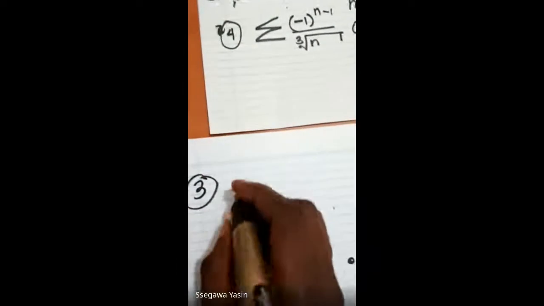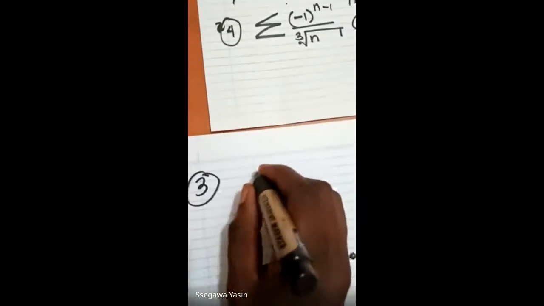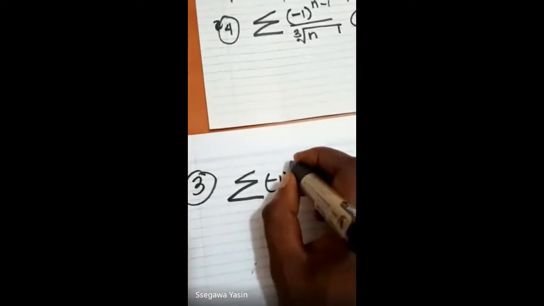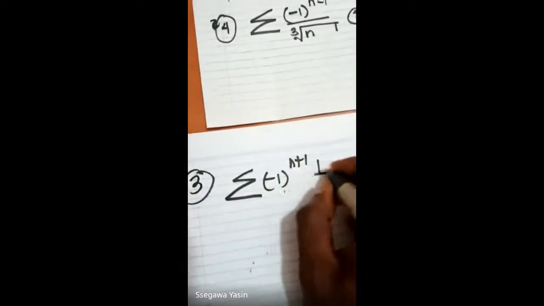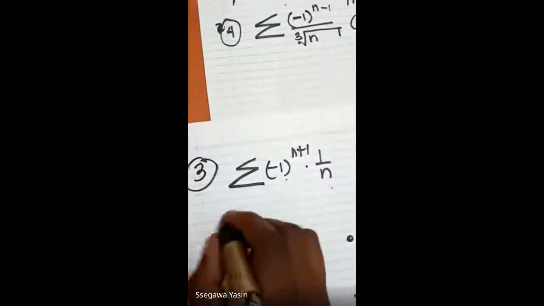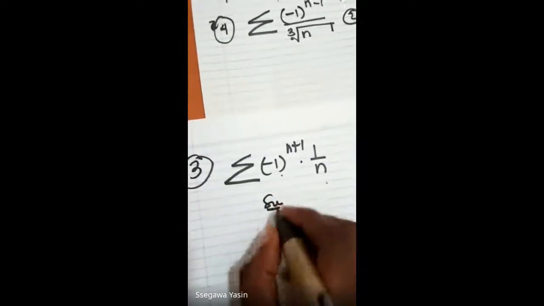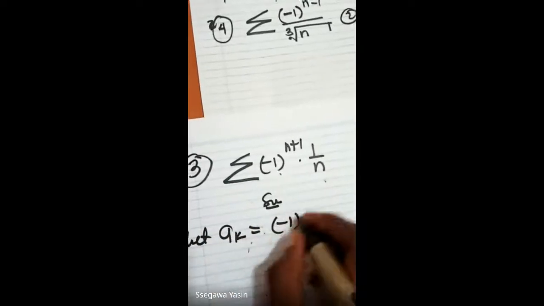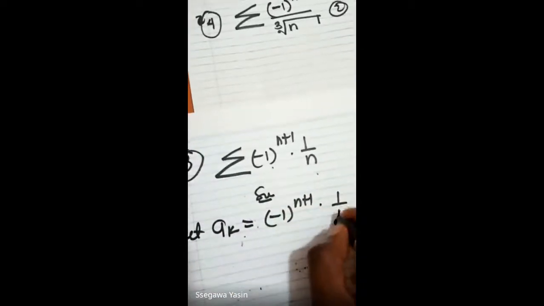This is something funny. This is negative 1 to the n plus 1, times 1 over n. So when we solve this, let our a_k equal negative 1 to the n plus 1 times 1 over n.